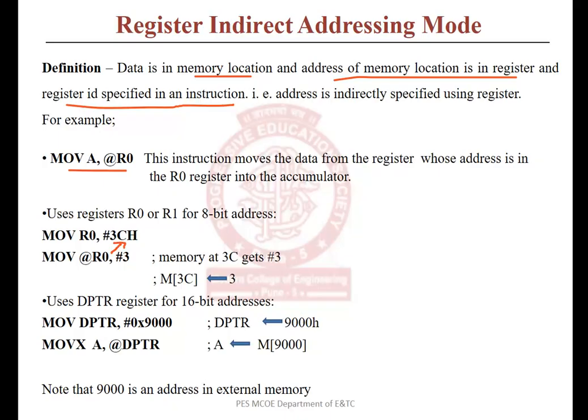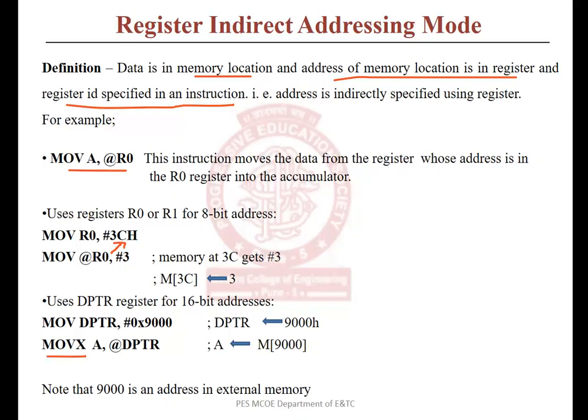These two instructions are for 8-bit address. If you are using a 16-bit address, in case of external memory, here you can see MOV DPTR, #0x9000. Here x is one way, x is nothing but hex data. This is also a way you can specify a hexadecimal value. So 9000h is moved to the DPTR. Now DPTR has the value 9000. Now whatever the contents or data pointed by this DPTR will get moved to the accumulator.